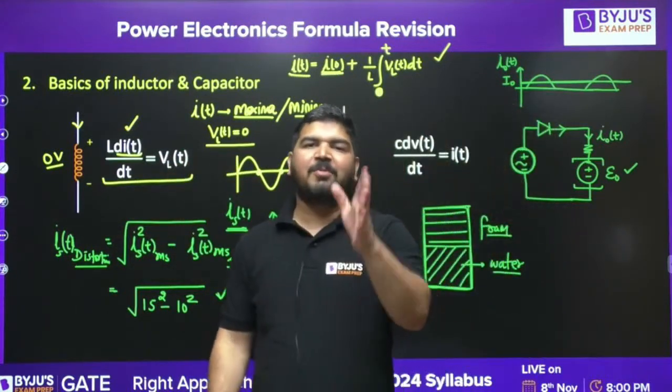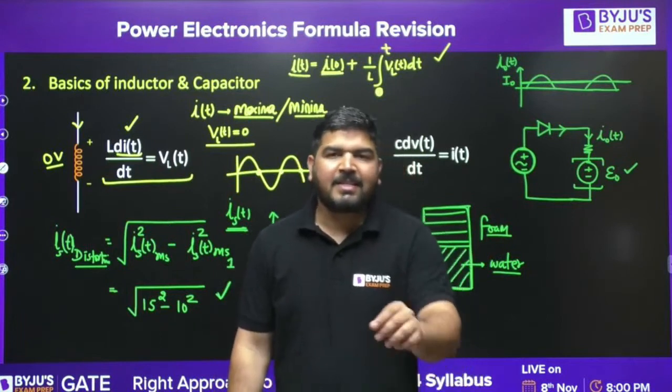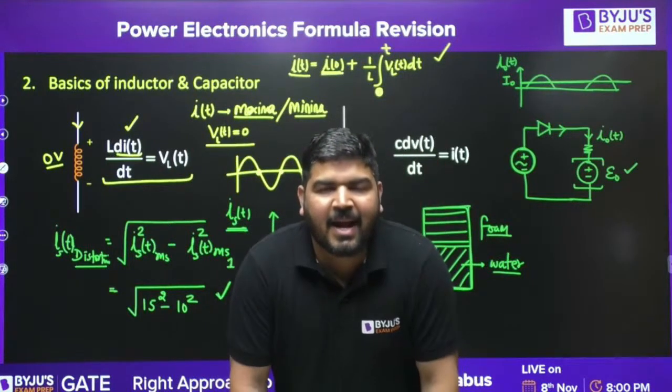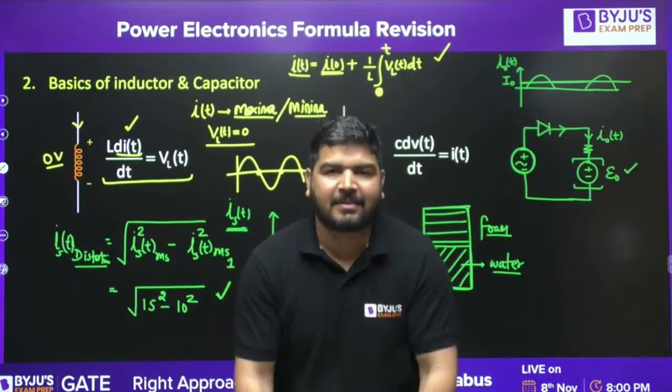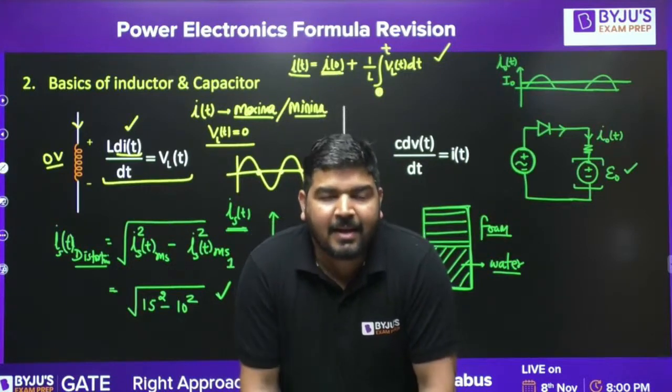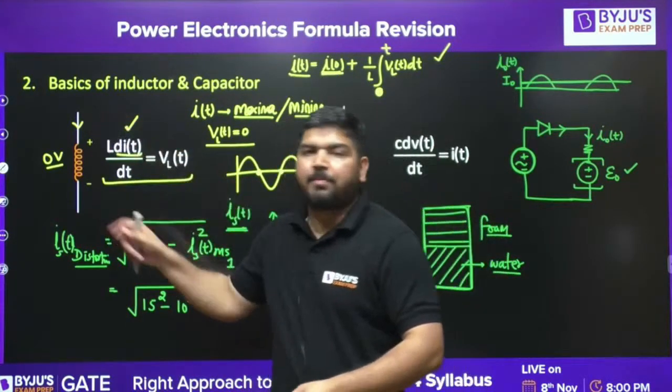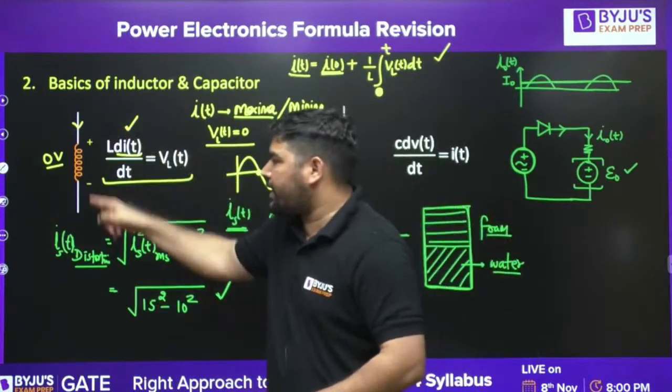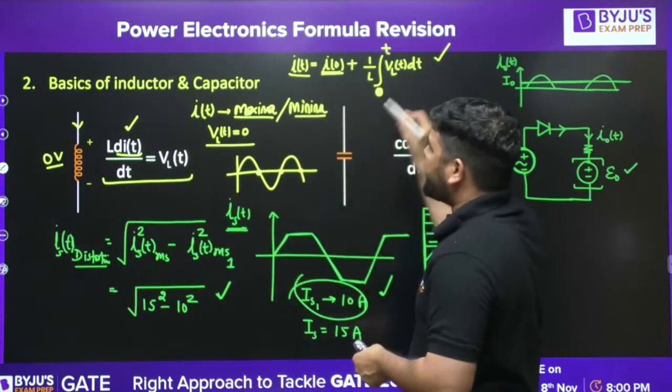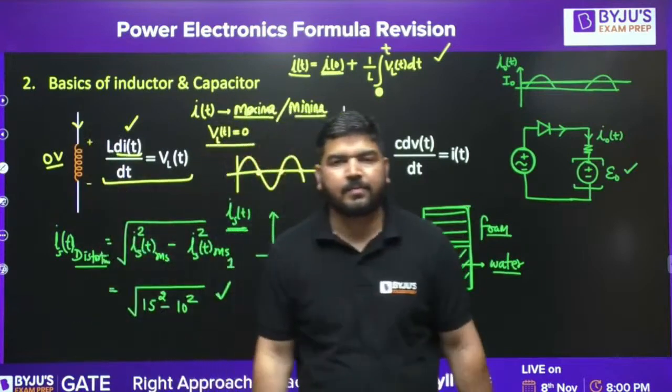Remember this statement: if there is a steady state and the load has some inductor, the current through the inductor will be periodic, and the average voltage across this inductor will be 0.